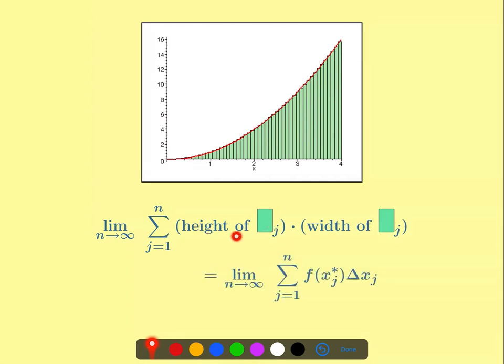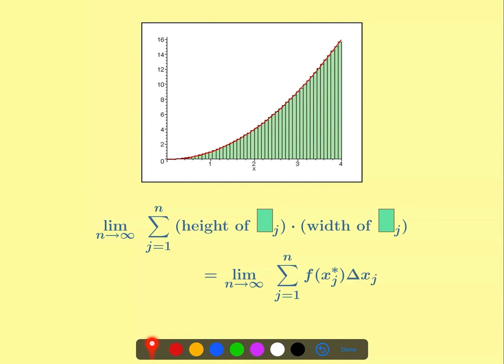The height will be given by the value of the function f of x, y for some point inside your rectangle, and the width will be a small change in x, which we're denoting by delta x. So we're summing up a bunch of heights times their widths to get the area, and we let the number of rectangles go to infinity.